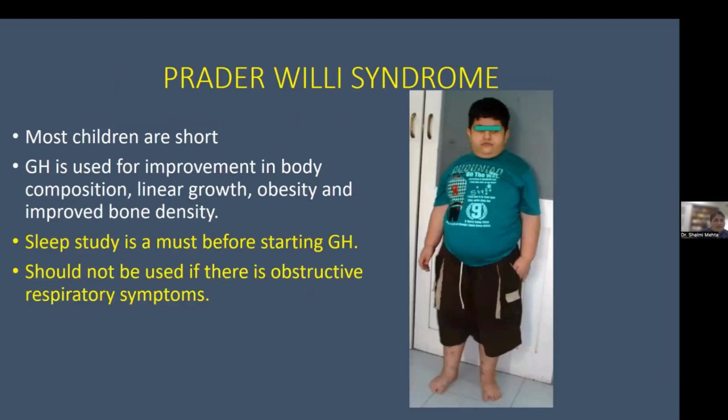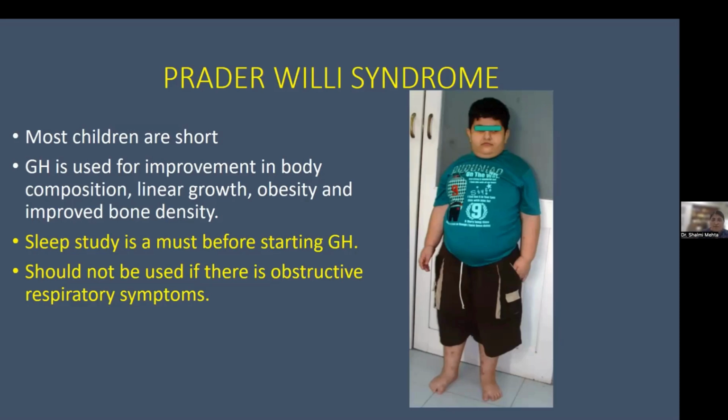Prader-Willi syndrome. Again, genetic mutations are happening. Many of these kids are short because of growth hormone deficiency. But remember, here we are using growth hormone not just to gain height, but because growth hormone has a lot of metabolic benefits also. It helps in improving your bone density, in improving your muscle mass distribution, in decreasing your obesity, and in improving your body composition.